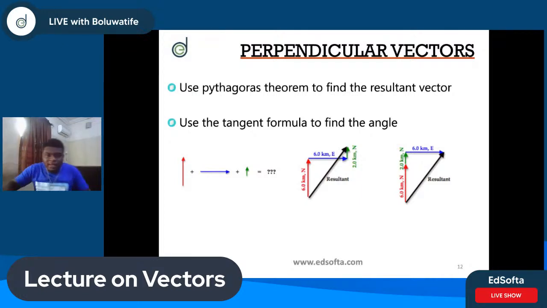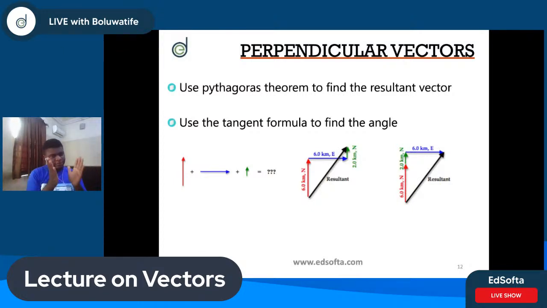Then I cannot just add this vector to this vector because they are not in the same direction. There's one thing to note here: if they are in the same direction, you just simply add them. Do you understand? That's what we did here, because this one is going northwards and this one is going northwards. So this gives you 8 kilometers.